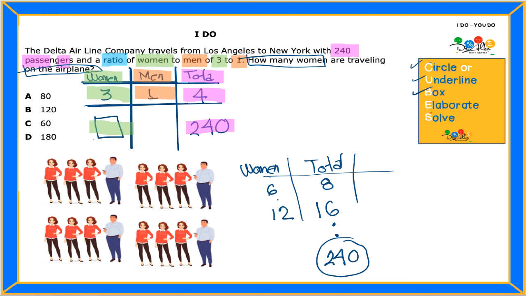So let's look at this small example. When the total is 16 and I started with 8, what happened to this number 8? It was repeated by 2. What happened to the number of women so I could get 12? It was repeated by 2. So you see, the same pattern that we have is applied in the whole table. Great.